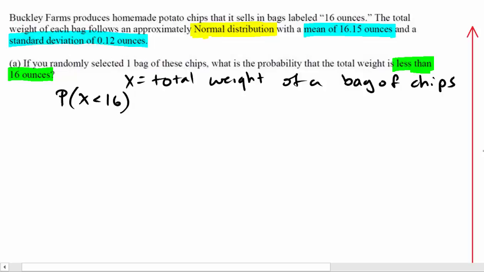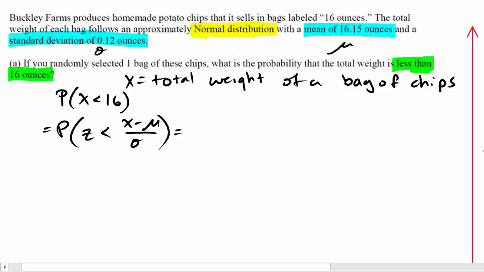Well, because this is a normal distribution, the way we're going to compute that probability is using a z-score. So this will equal the probability that z is less than (x minus mu) over my standard deviation, where mu is the mean, of course. Our mean was given up here, and our standard deviation is right up here.